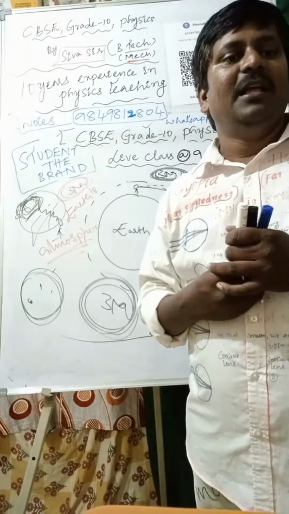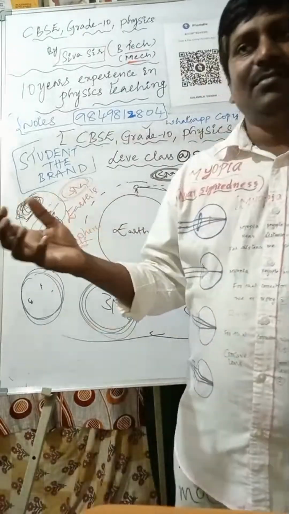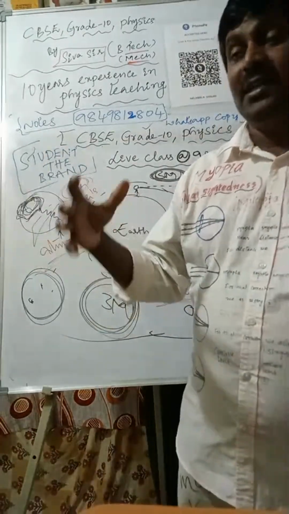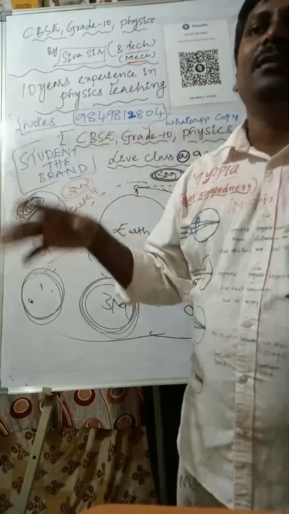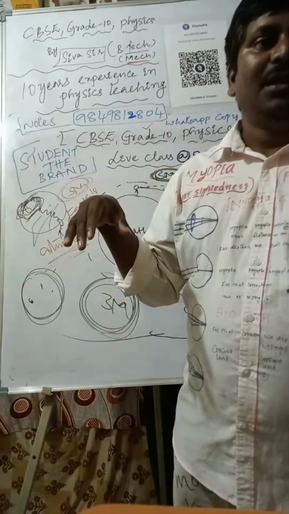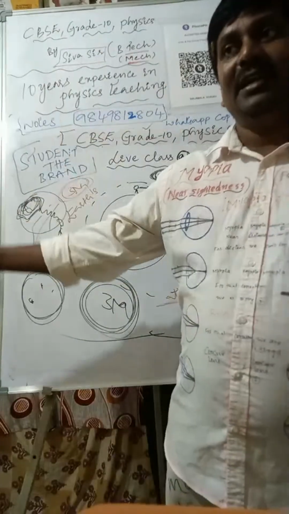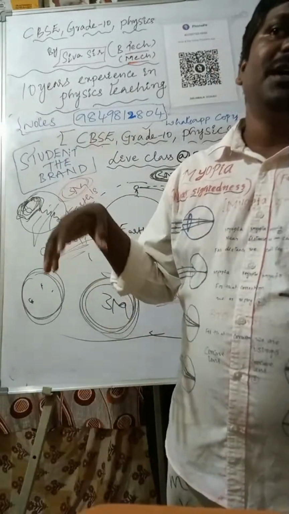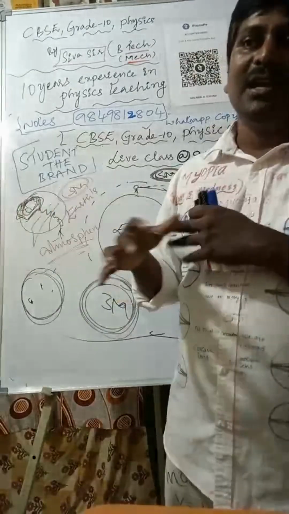Normally we can see this when looking through hot air, which acts as a rarer medium, and cold air, which acts as a denser medium. When you are looking through hot air and cold air, the direction of light changes, and automatically it appears to be flickering. So that is a normal, minimum scale.